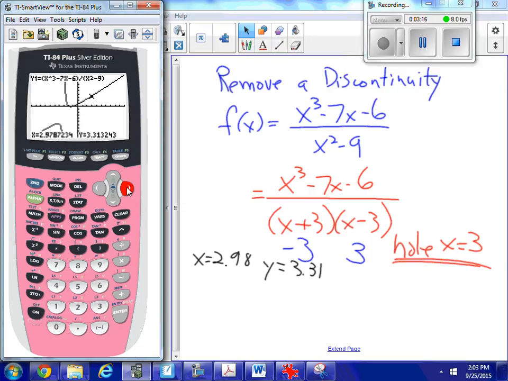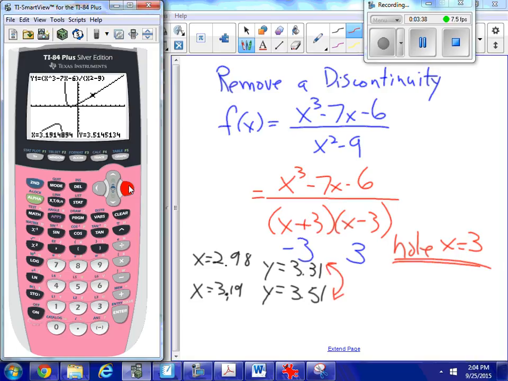I'm going to click it again. Now I've gone past 3, so at x equals 3.19, my y equals 3.51.